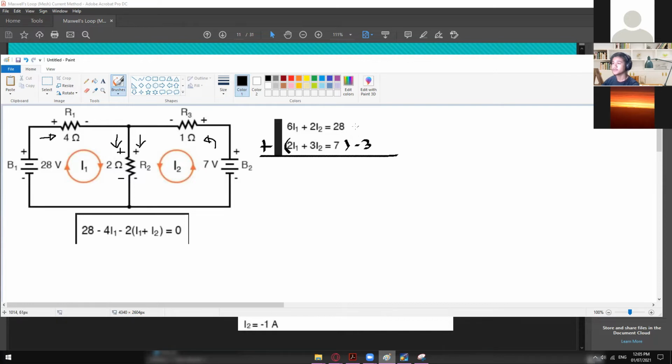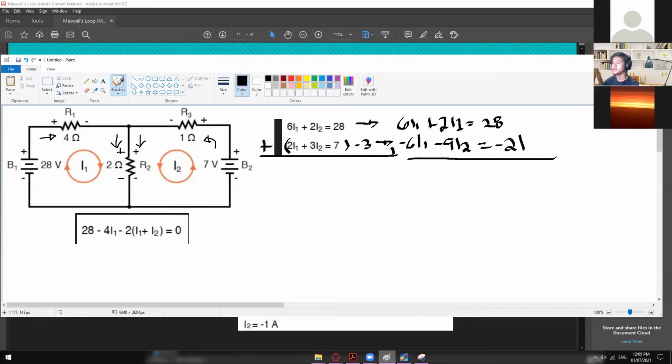So before that, of course, we have to get the final result of this one. So 6 I sub 1 plus 2 I sub 2 is equal to 28. Okay, and then on this side, it will give you negative 6 I sub 1 plus 9 I sub 2, and it's equal to negative 21.